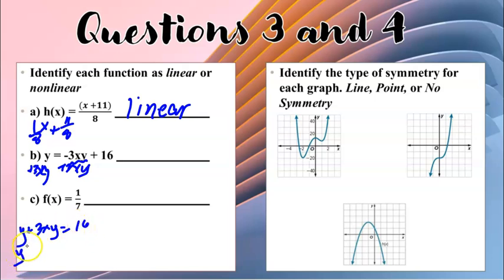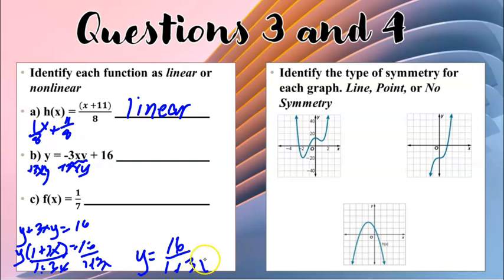I would factor out a y, and I would have y times (1 plus 3x) equaling 16. To get the y by itself, I would divide by 1 plus 3x, and I would have an equation of y equals 16 divided by 1 plus 3x. Because my x is in the denominator, that means it's going to be nonlinear.